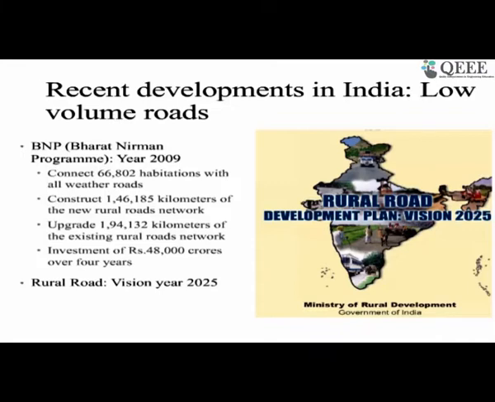It started in 2009, and its goal is to connect the various habitats, and so far it has connected 66,000 habitats with an all-weather road, and it has constructed about 1,46,000 kilometers of new rural road network, and it has upgraded about 1,96,000, almost 2 lakh kilometers of existing road network which exists, and a huge investment has been done in this, 48,000 crore over the 4 years. And now it has taken over this rural road, the Vision 2025.